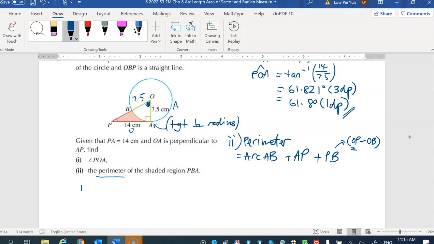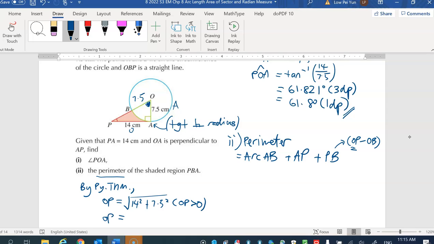So now let us find OP first. By Pythagoras Theorem, OP, which is the hypotenuse, the longer side, can be found if I take the square root of 14 square plus 7.5 square, and then I know that OP is positive because it's a length.